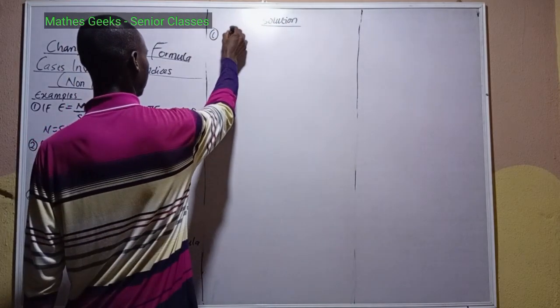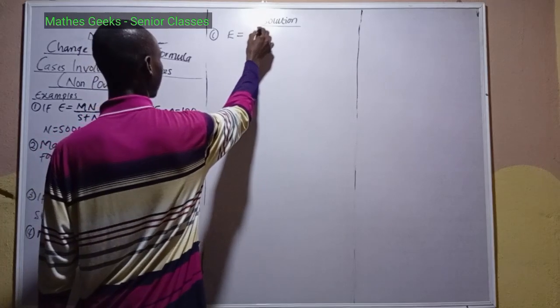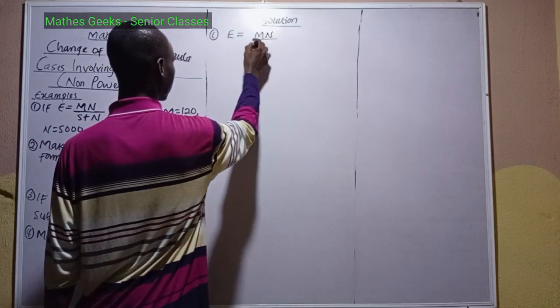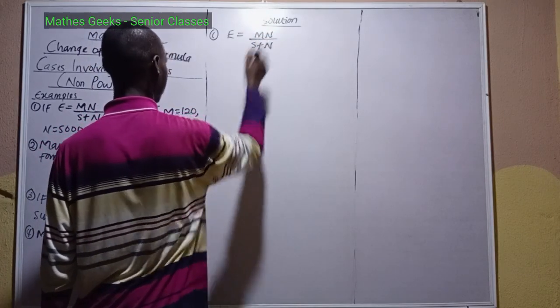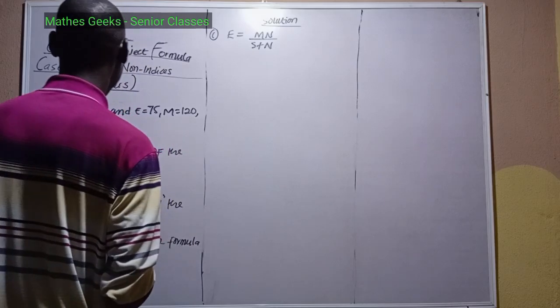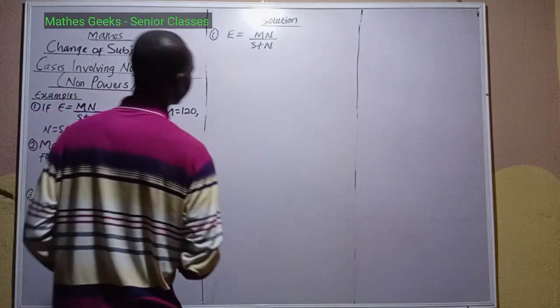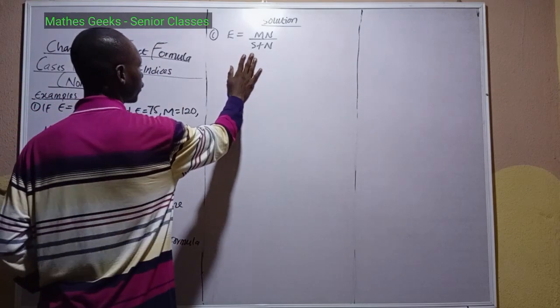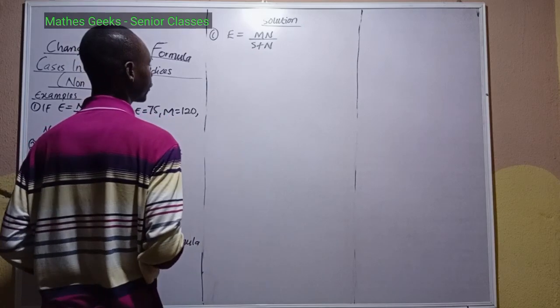If E is equal to N over S plus N, find S. To find S, you need S as the subject of this formula.